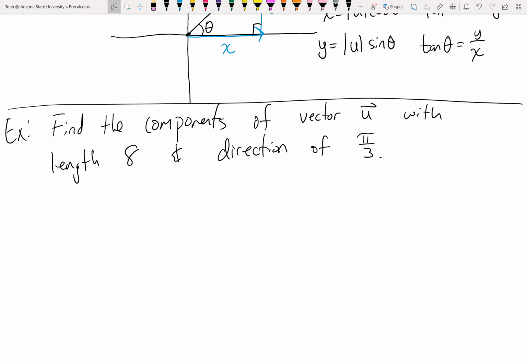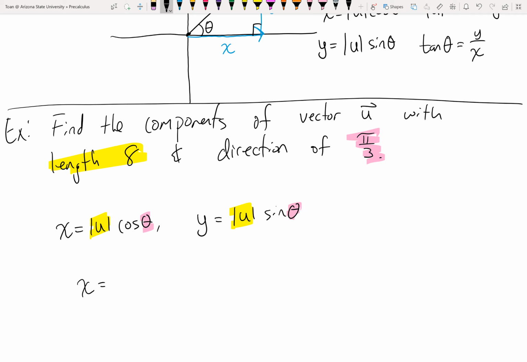All right, so let's do this. To find the components, I need to find x and y. According to the idea, x equals r cosine theta, or magnitude cosine theta. y equals magnitude sine theta. And what do you know, they give you all of the pieces. So it's just a plug and chug problem.